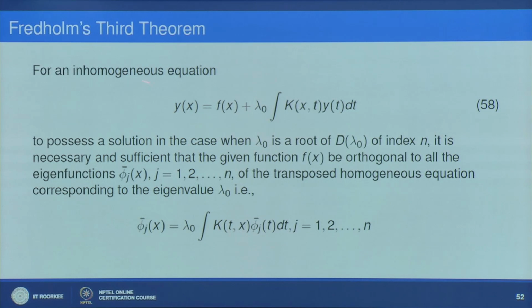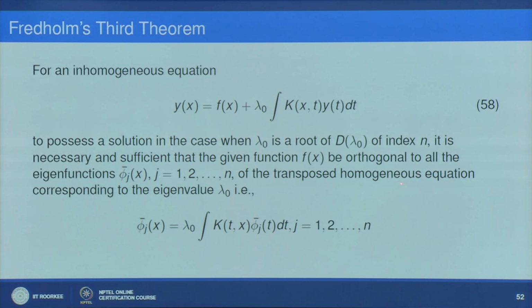That is the content of Fredholm's third theorem, which says that this inhomogeneous or non-homogeneous equation y(x) equal to f(x) plus lambda naught integral from a to b of k(x,t) y(t) dt will have a solution in the case when lambda naught is a root of D(lambda naught) of index n, and the necessary and sufficient condition for this is that the function f of x is orthogonal to all the eigenfunctions phi j bar of x of the transpose homogeneous equation.